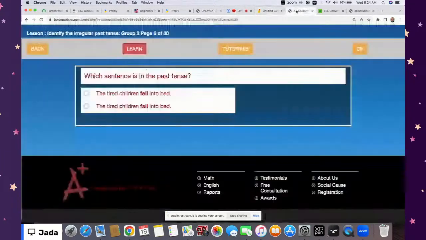Then we have fell and fall. So fell is the right answer. So the first word is going to be fell, past tense.